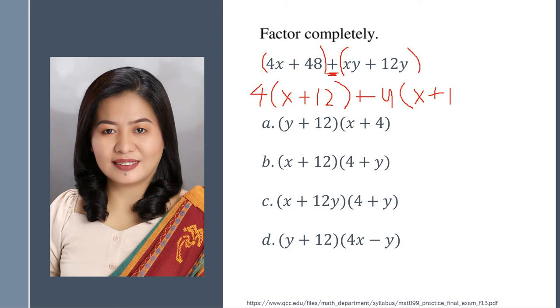So if you can see, x plus 12 is actually common. So we just have to factor that out. X plus 12 out, and then we just need to copy x plus 4y, which gives us our answer for letter B. Okay, we move on to our next number.